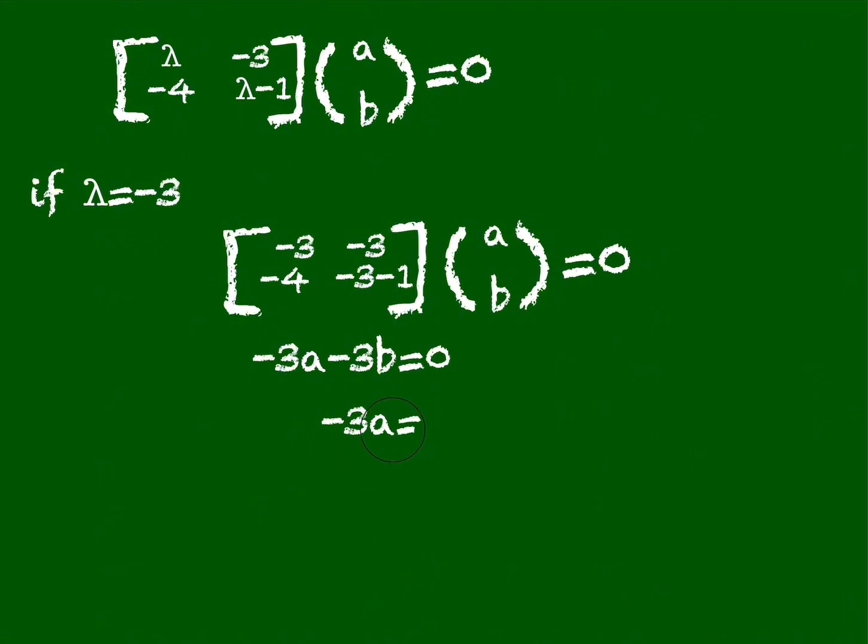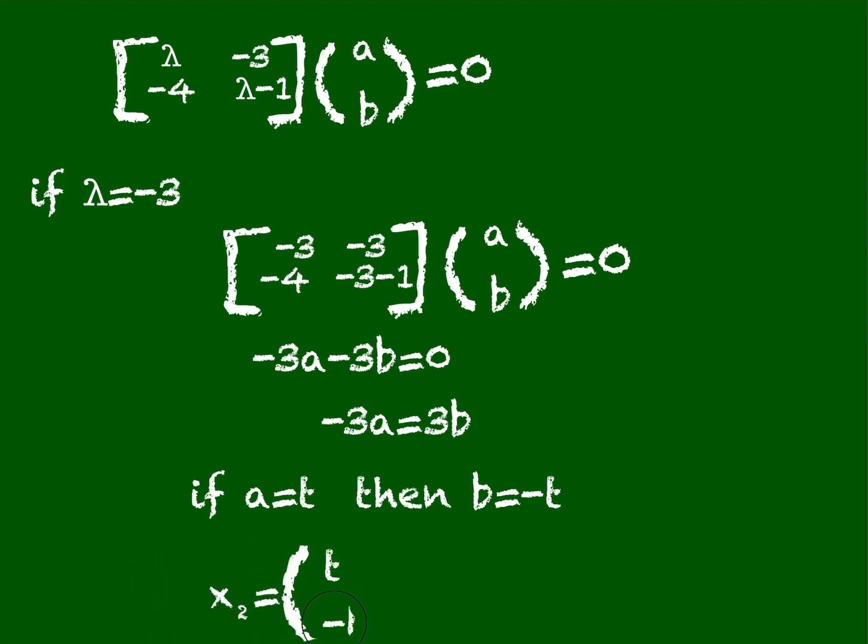Then we get -3a equals 3b. If a equals just t, b will be -t. The second eigenvector becomes t and -t. Since t is a common factor, I can factor it out to finalize my work.